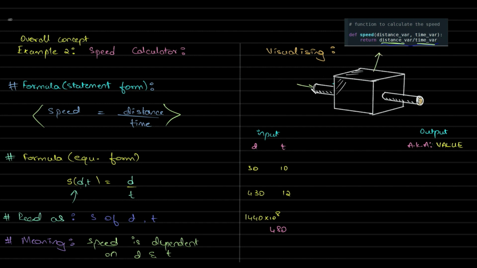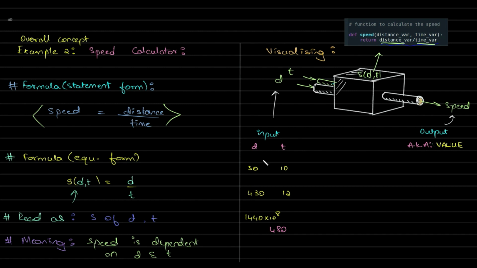The machine is taking not one, actually 2 inputs, distance and time. Once that is calculated, we get an output called speed. So here your inputs are distance and time and your output is speed.